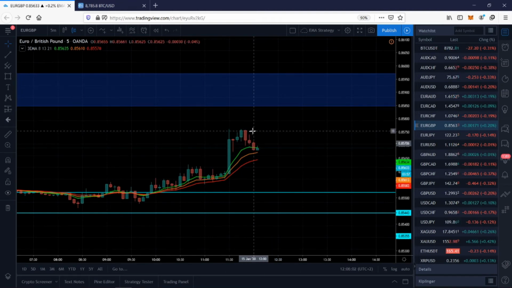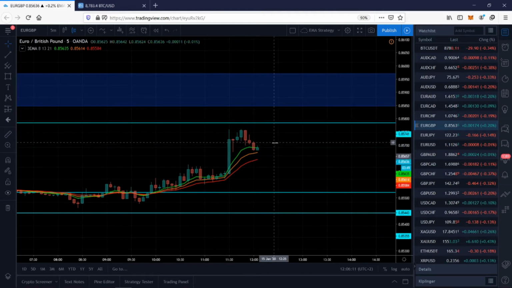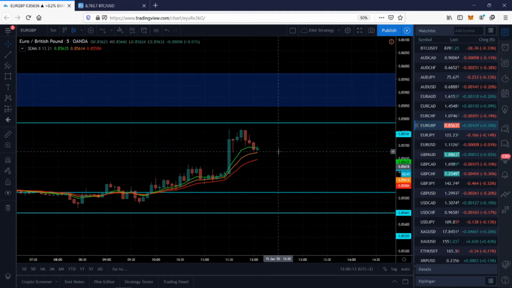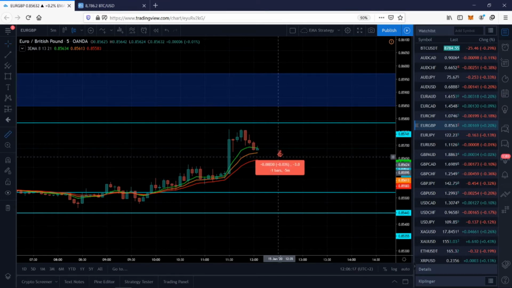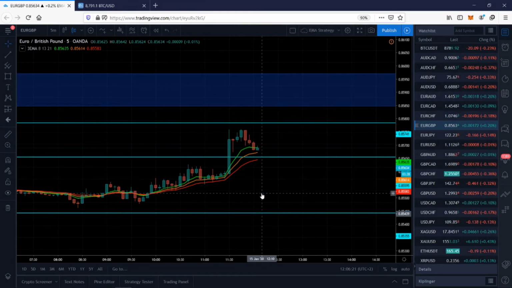So I'm going to set my entry price there. Okay, trigger candle there, a couple of pips below that. So those will be my entry points and my stop loss.